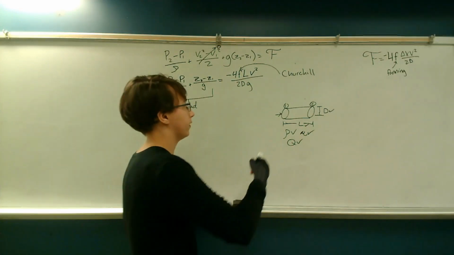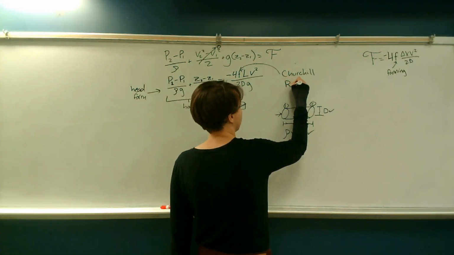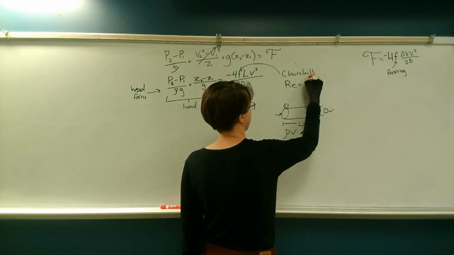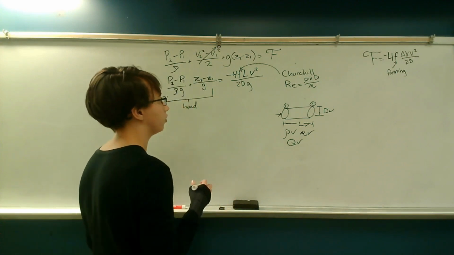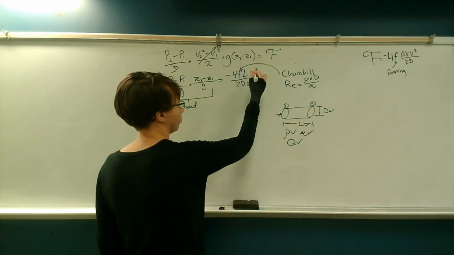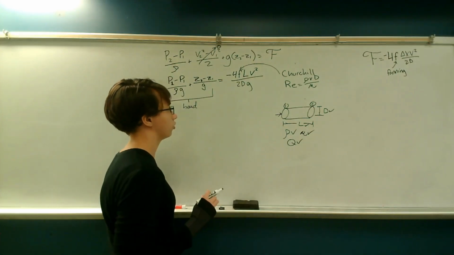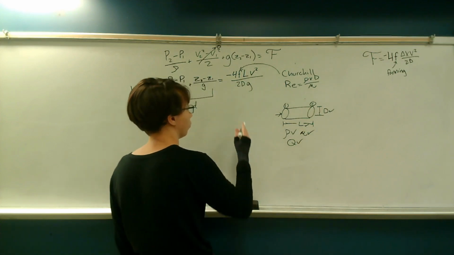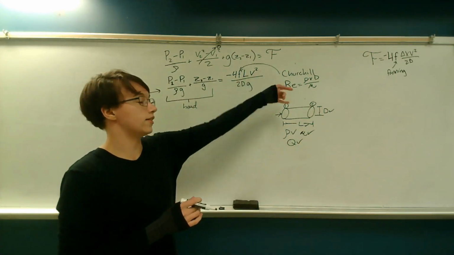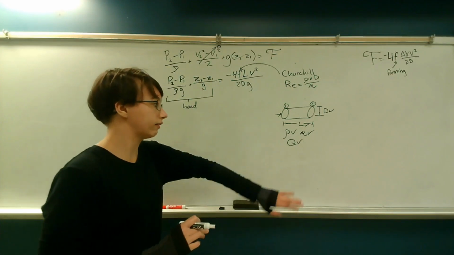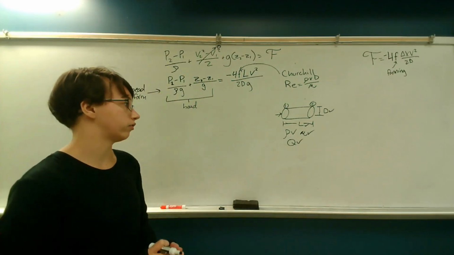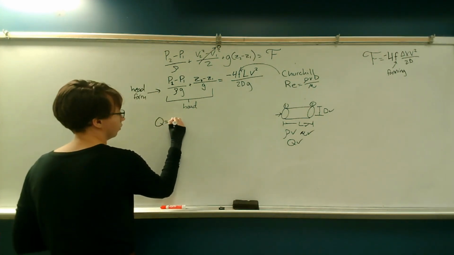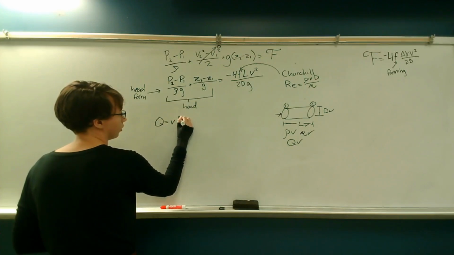And the Churchill equation depends on the Reynolds number, which is rho v D over mu. Alright. And we know the length, we know the diameter, and we know the acceleration due to gravity. And over here we know the density, the diameter, and the viscosity. What we don't know in any of these equations is the velocity, and that's what we need to find. And we can find that with our flow rate Q. So we're going to have that Q is equal to the velocity times the cross-sectional area.